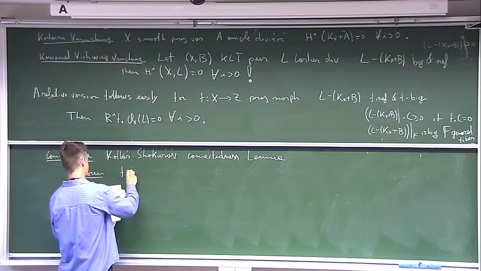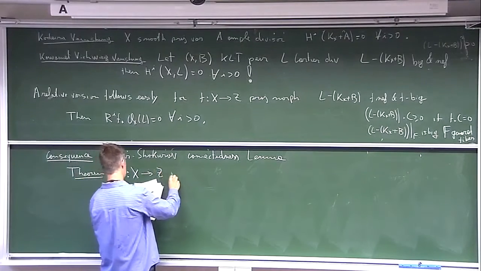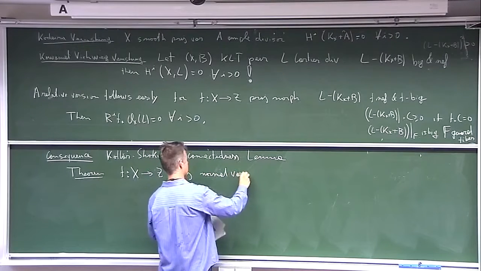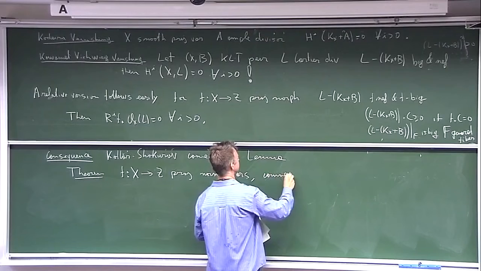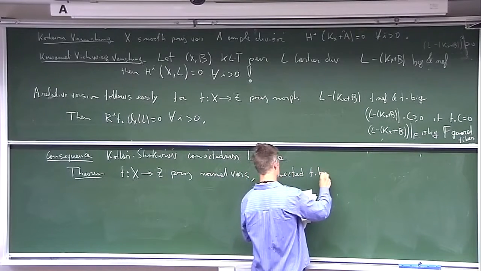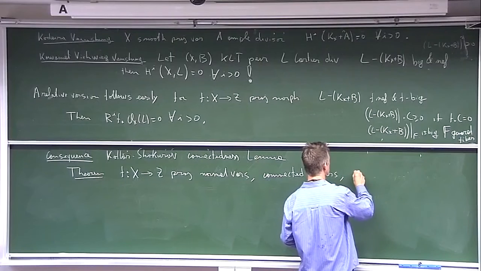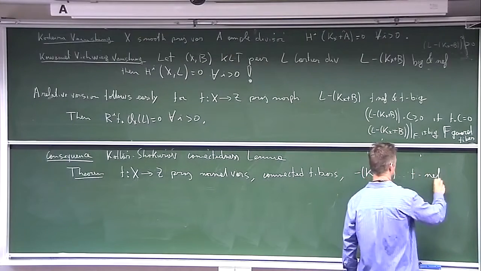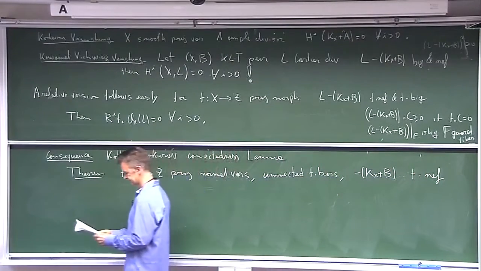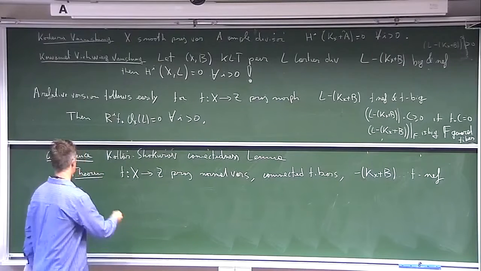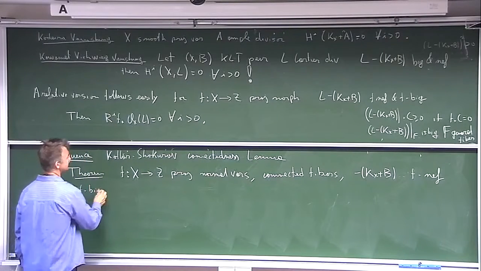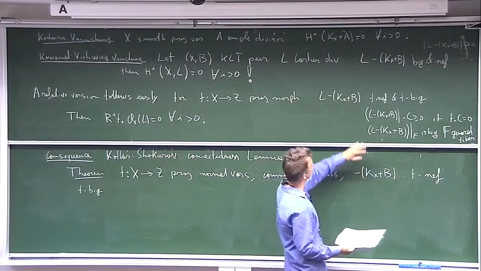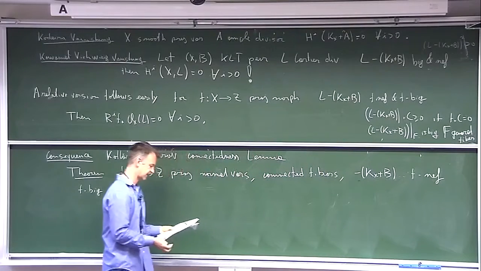So f from X to Z is a proper, let's just say, projective morphism of normal varieties with connected fibers. And we're going to assume that minus (K_X plus B) is f-nef, relatively nef, and relatively big. Okay, so this is sort of the wrong object, but it's reminiscent of Kawamata-Viehweg vanishing. You'll see in a second how we apply it.